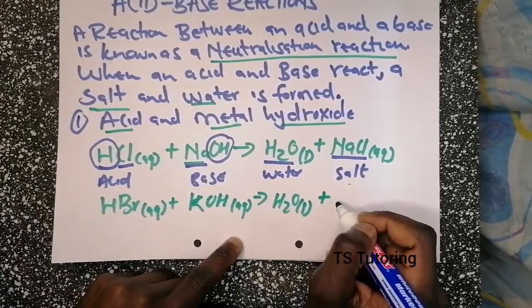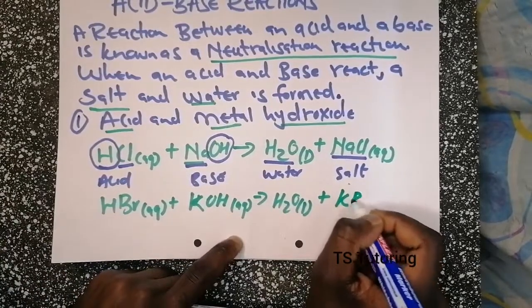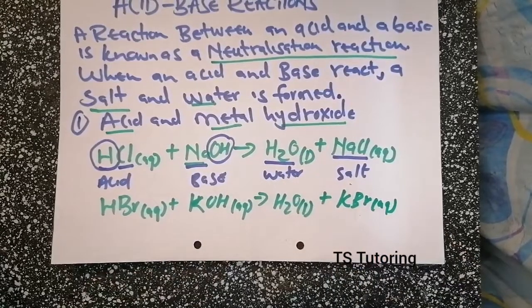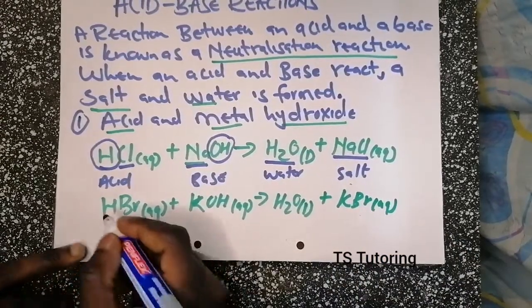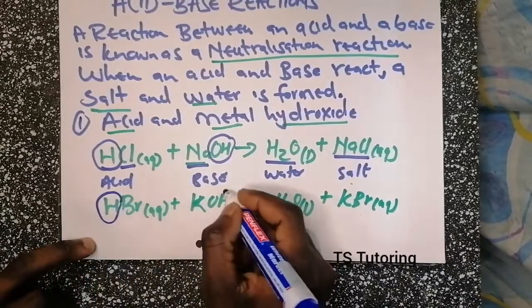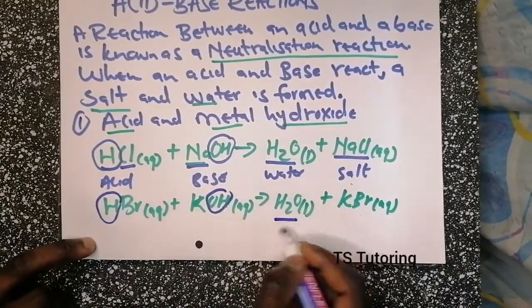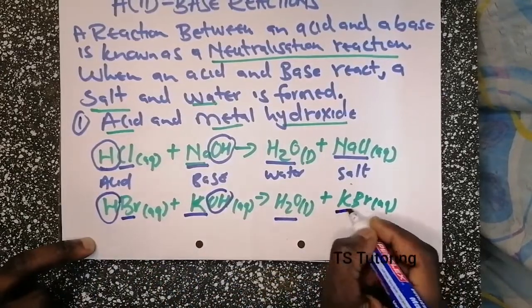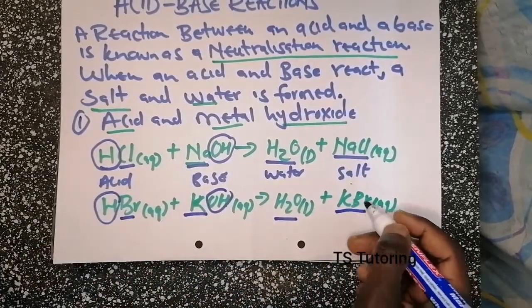KBr, right? So what happened here? We know that this H will join with this OH to form water. The K, the metal, will join with the Br to form our salt, right? Potassium bromide.